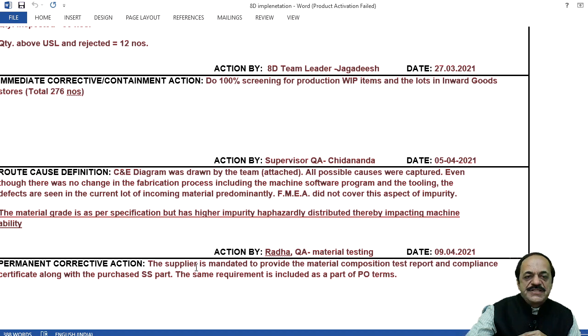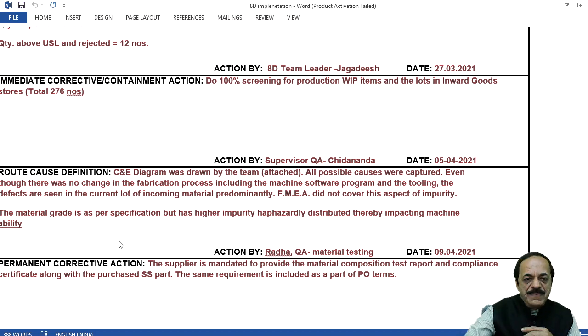Permanent corrective action was taken once the material analysis was done. It was revealed, as given here in the description, that the sporadic impurities were found in the material beyond the acceptable limit, and they actually affected the machinability, which led to the dimension being out of tolerance.